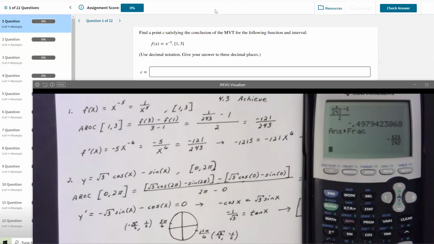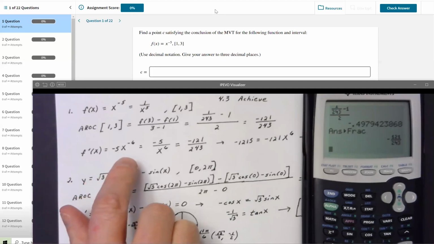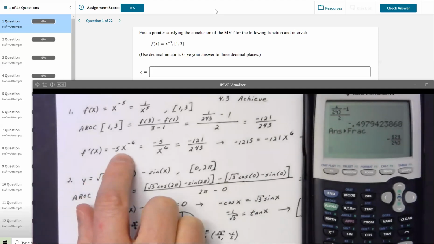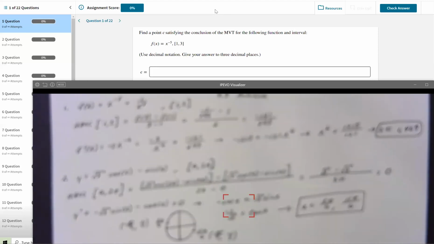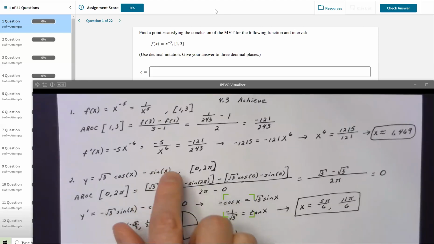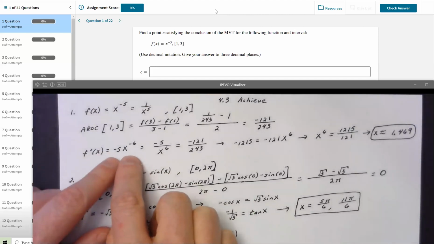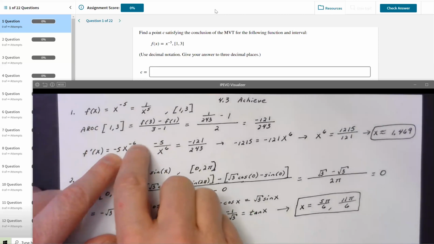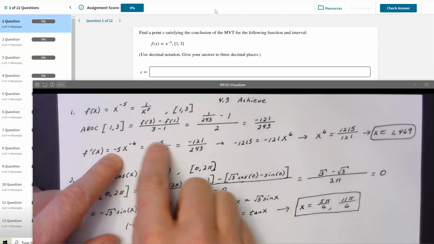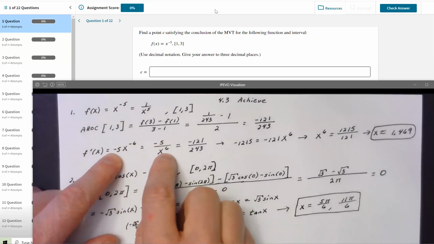Now, our goal is to find out what value of x has that exact same instantaneous rate of change. So I can go in and say, well, the derivative of this function is going to be negative 5 times x to the negative 6th power, which gives me negative 5 over x to the 6th.